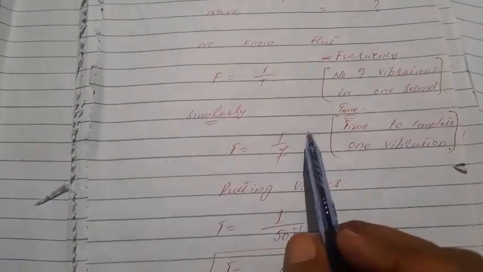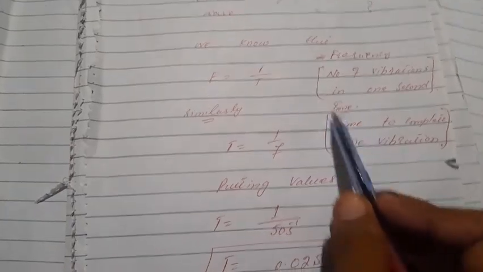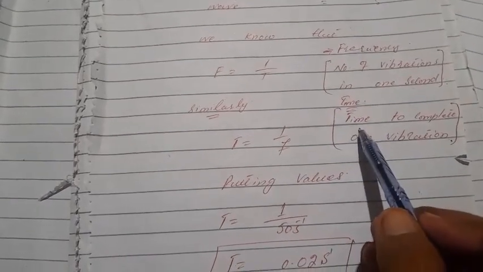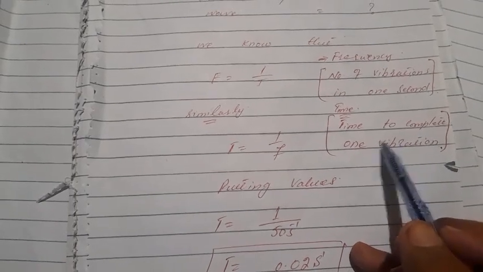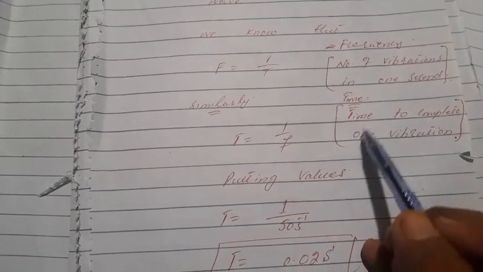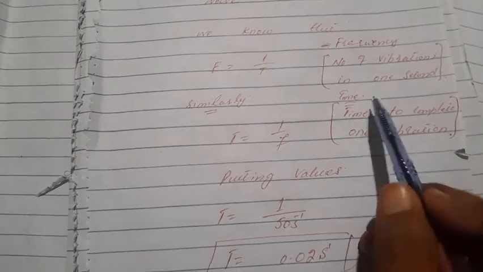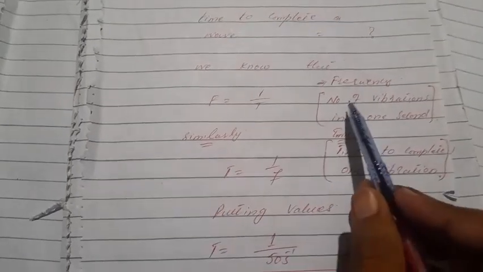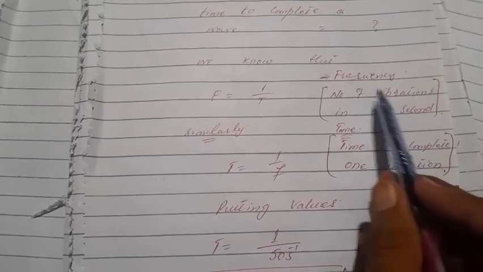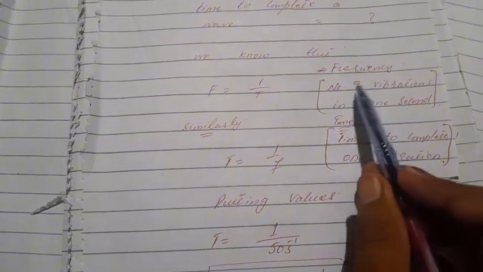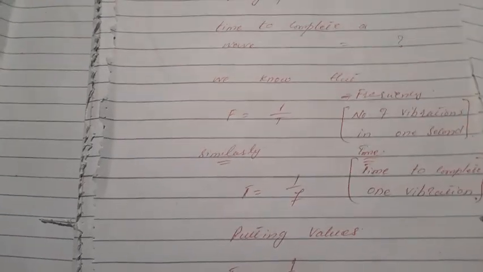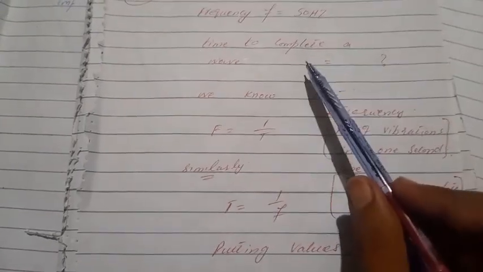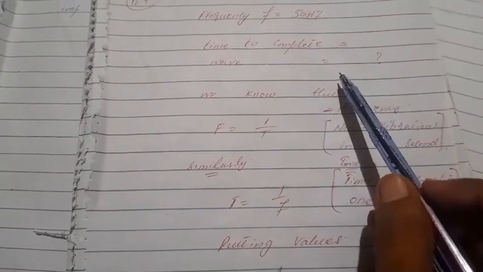The time period is the time to complete one vibration. The time required for the completion of one vibration is called the time period. So we have to find the time to complete the vibration.